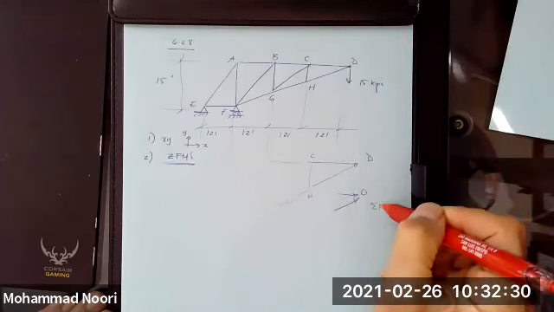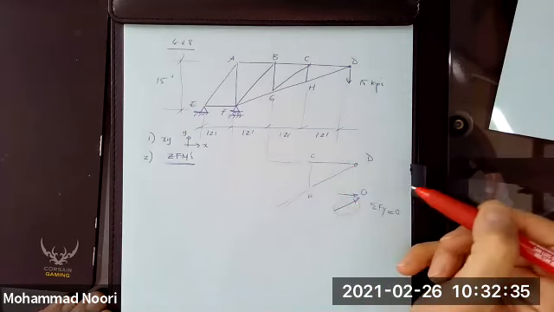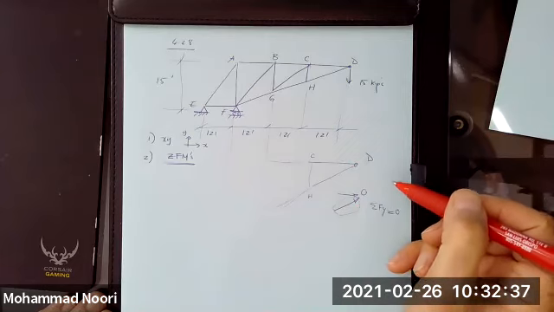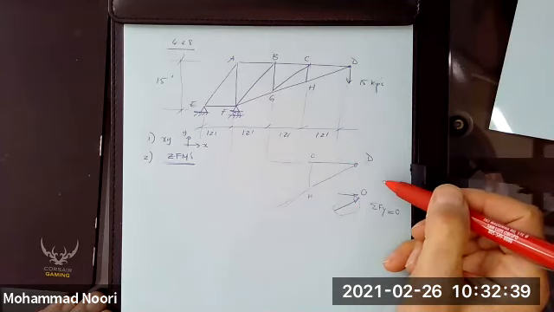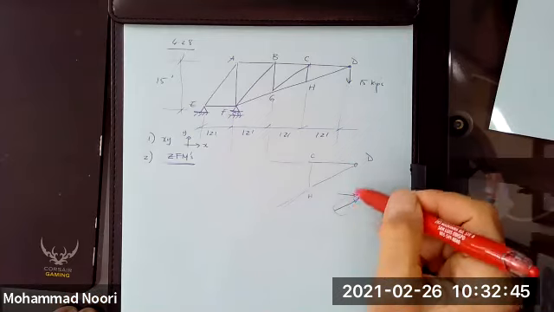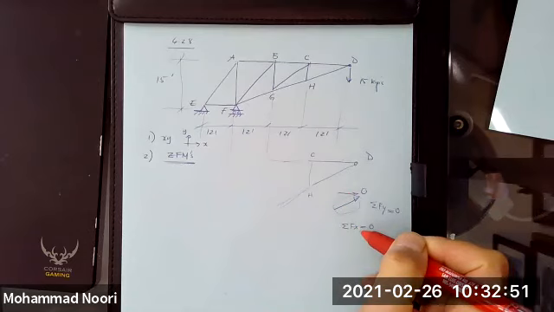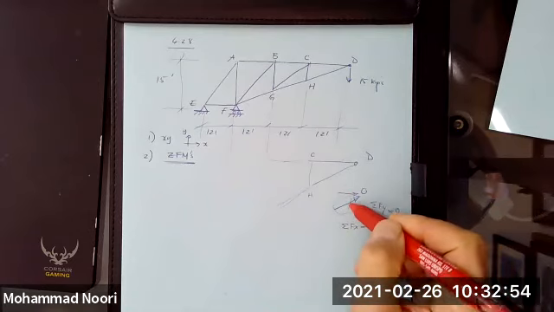If you write summation of forces along y equals 0, this is the only force that has a y component, right? So that would be zero, right? If that is zero, that means you only have forces along x, and that has to be zero, right? That means both of these have to be zero.